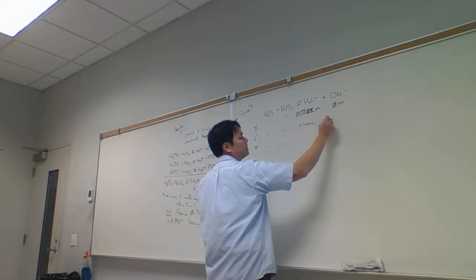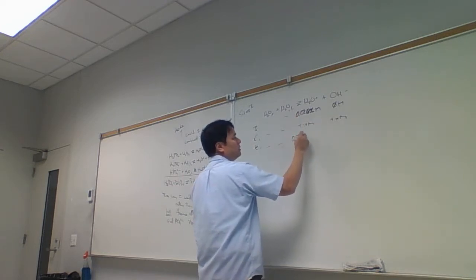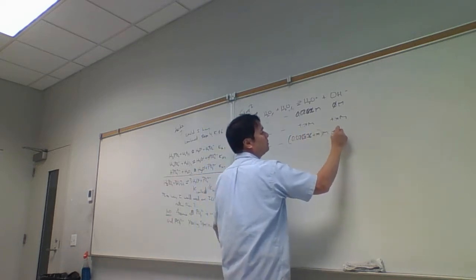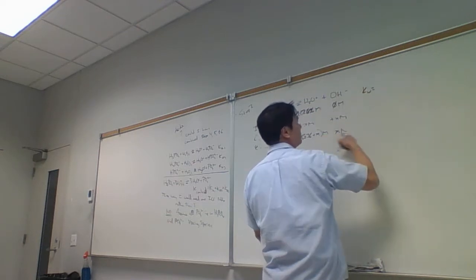So this is going to be plus X molar, this is going to be plus X molar. So I'll end up with 0.026836 plus X molar and then X molar. And so we know KW is equal to the hydronium times the hydroxide.